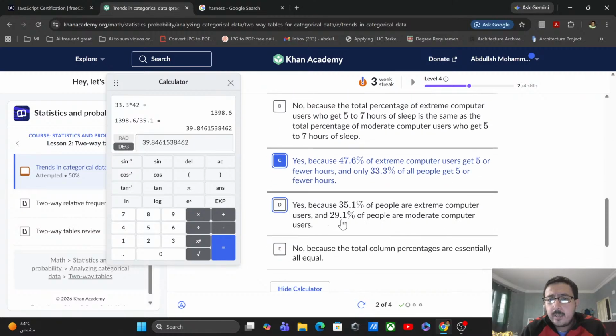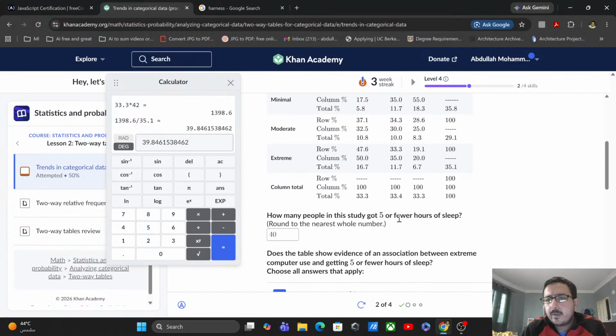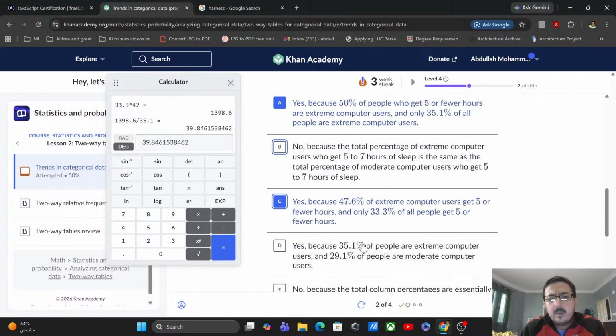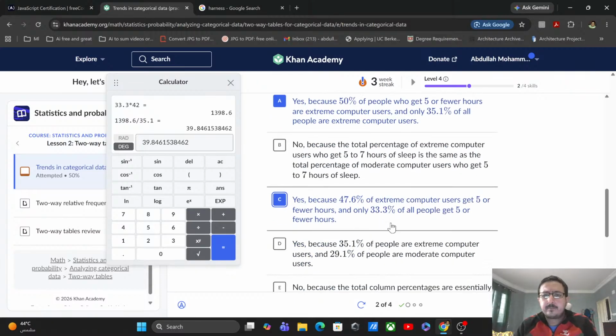And 29.1 of people are moderate. This is not relevant. So let's go with this. 33% of all people get 5 or fewer.